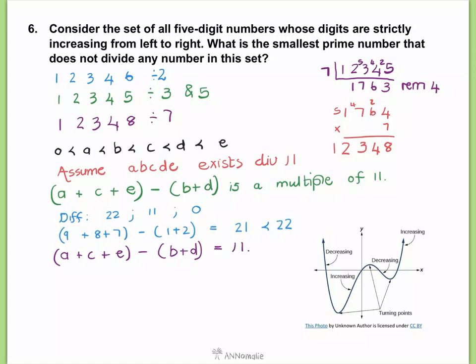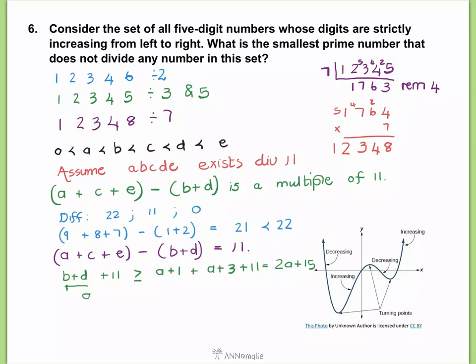If we investigate that, we can rewrite this as A plus C plus E equals B plus D plus 11. Now, B must be at least 1 more than A, and D must be at least 3 more than A. So B plus D must be greater or equal to A plus 1 plus A plus 3, which simplifies to 2A plus 15.